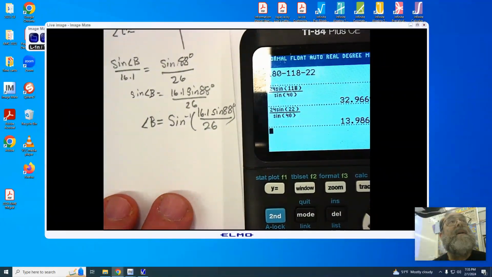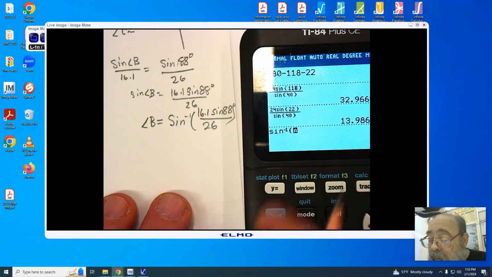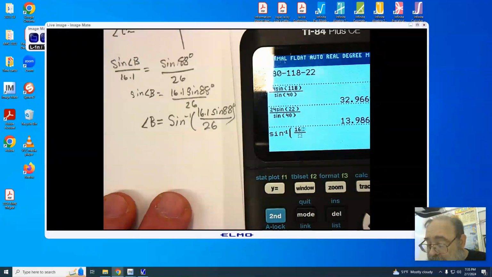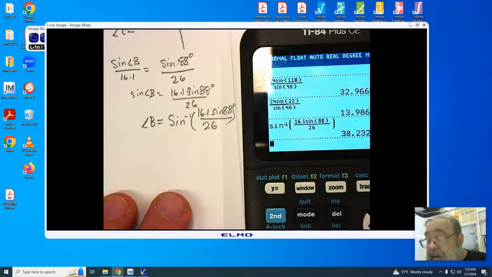Make sure you can see this. Second function sine. Alpha y equals for my fraction. And put 16.1 sine of 88, close parenthesis. Put 26 in the denominator and go all the way to the right and put your closed parenthesis. Once you hit enter, you are going to get the angle B that we are looking for.